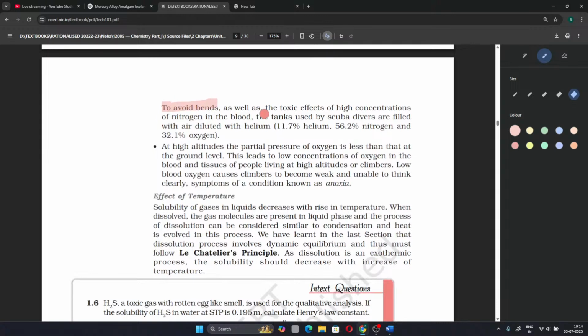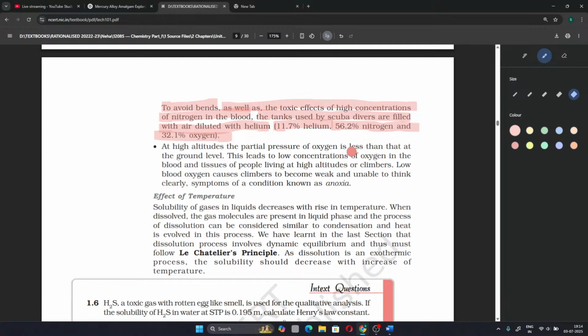To avoid bends, as well as the toxic effect of high concentration of nitrogen in blood, the tanks used by scuba divers are filled with air diluted with helium: 11.7% helium, 56.2% nitrogen, and 32.1% oxygen.